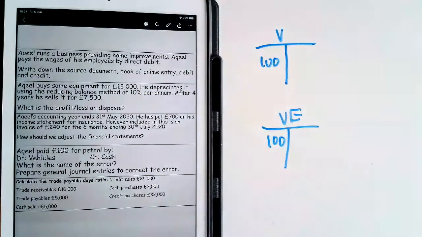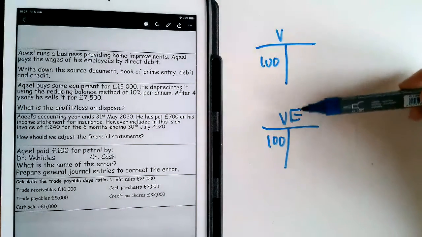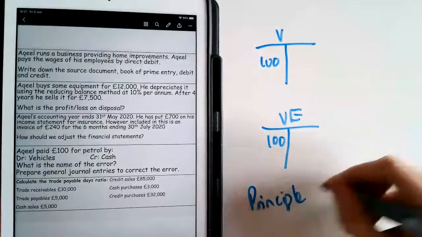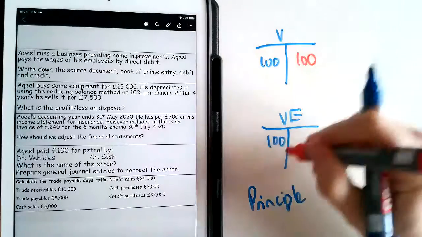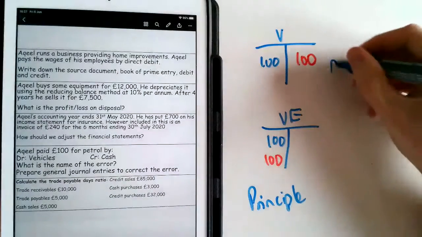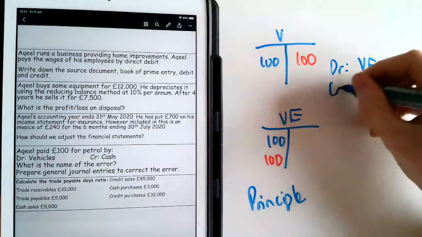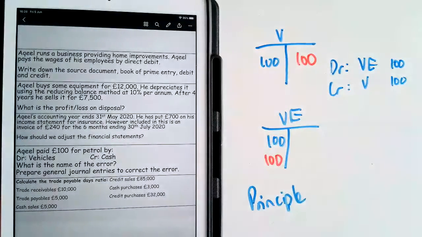So it's put in the wrong account of the wrong type: asset instead of expense. So it's an error of principle, the worst kind. To fix it, I debit vehicle expenses by 100 and I credit vehicles by 100. You would write out the full names.